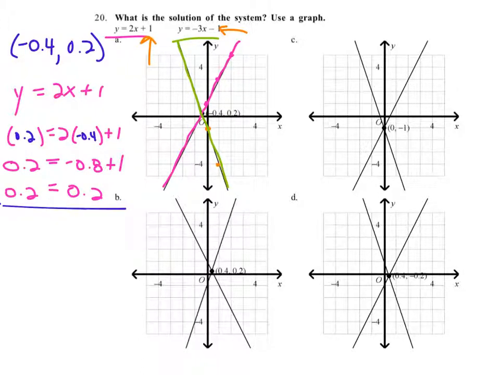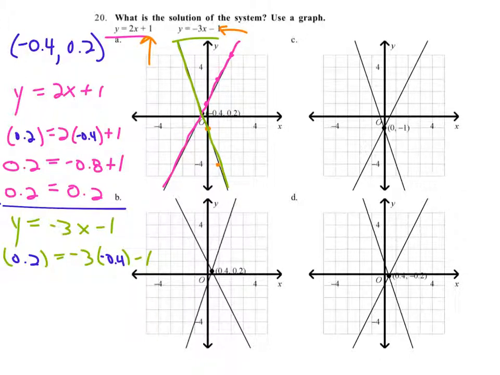Okay? And if I did that for the second equation as well, the green equation, it says y equals -3x minus 1. And wherever I see a variable, I put parentheses, and then I substitute those numbers in. So we're going to substitute in 0.2 for y, and I'm going to substitute in -0.4 for x.